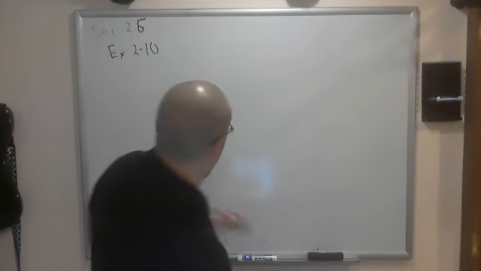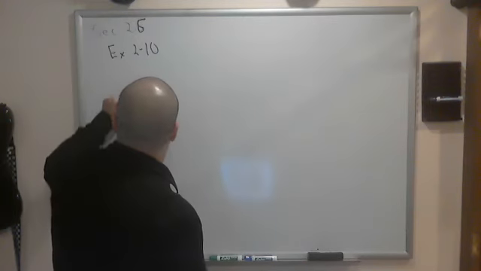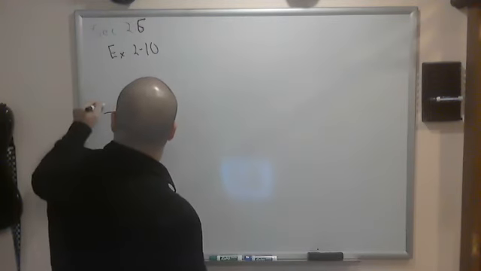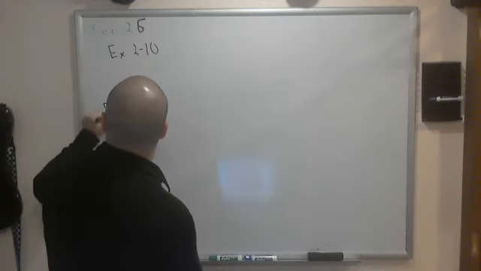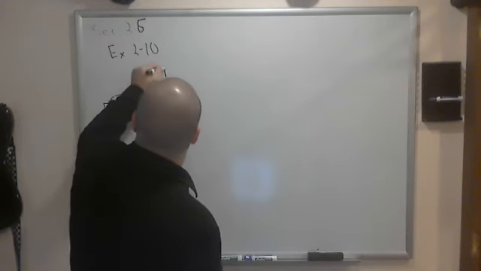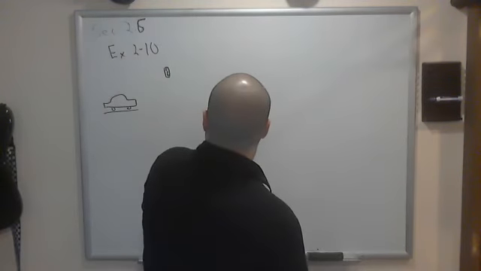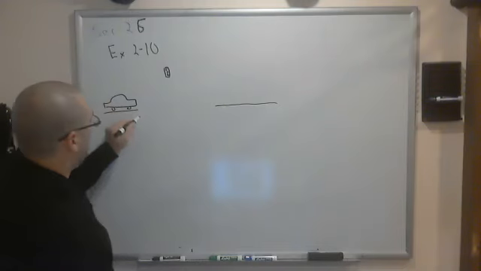So the car is at an intersection, right? So we have a car at an intersection, we'll draw the light for fun. And then this is the intersection.